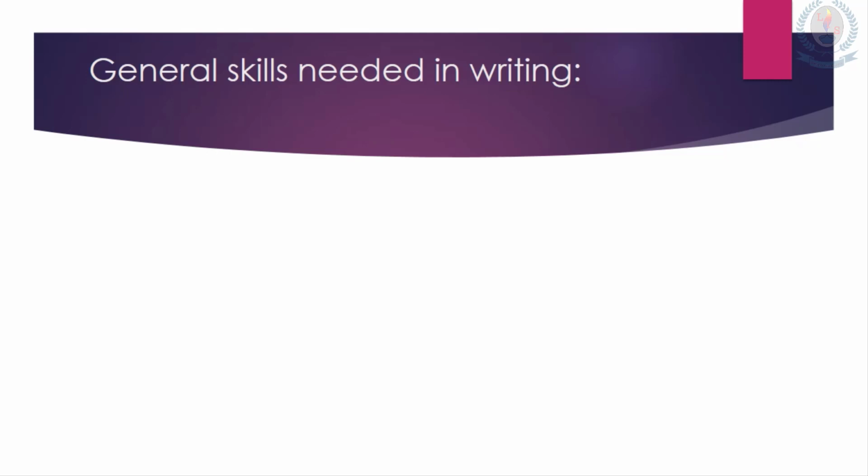Then you need to know the general skills. There are 2 types of skills: general skills and specific skills. Specific skills will be discussed in another video. Here we are discussing the general skills that you need when you are writing.